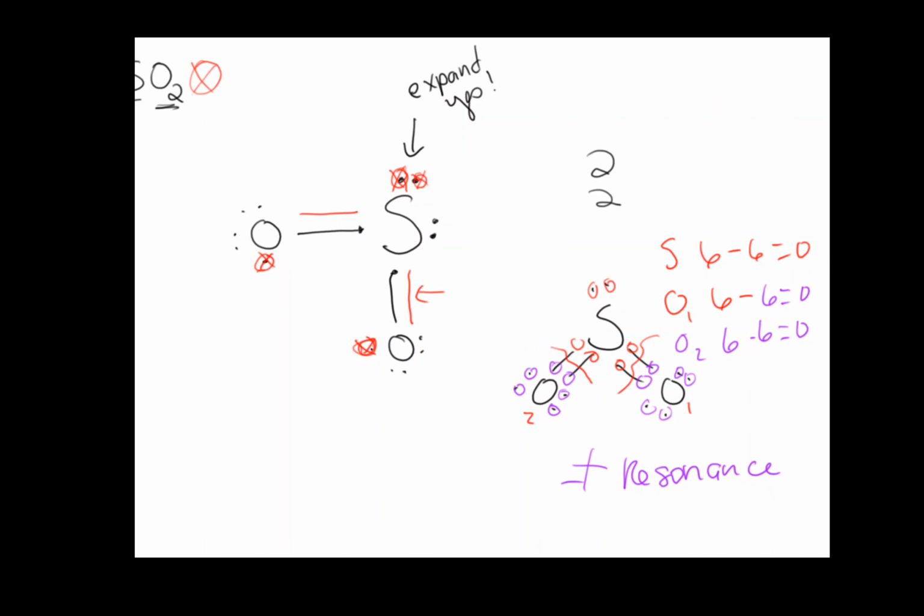The only thing that was unique here is I expanded sulfur. And I've already answered this question, but it's a nice double check. Can I expand sulfur? Yes, because it's in the N=3. So, everything works out perfect. This is the best Lewis structure for sulfur dioxide.